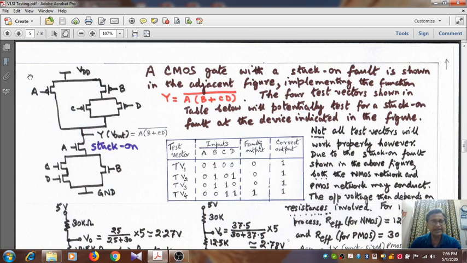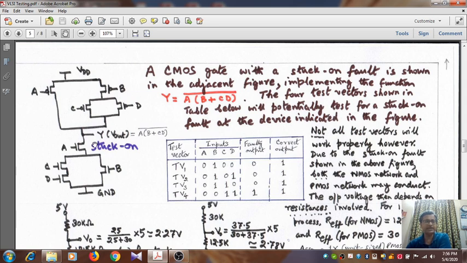You can easily get it that from the configuration of the PMOS subcircuit and that of the NMOS subcircuit, the logic of the output voltage is A ANDed with the ORing of B and CD, and the complement of that. So this particular function is being implemented by this static circuit.